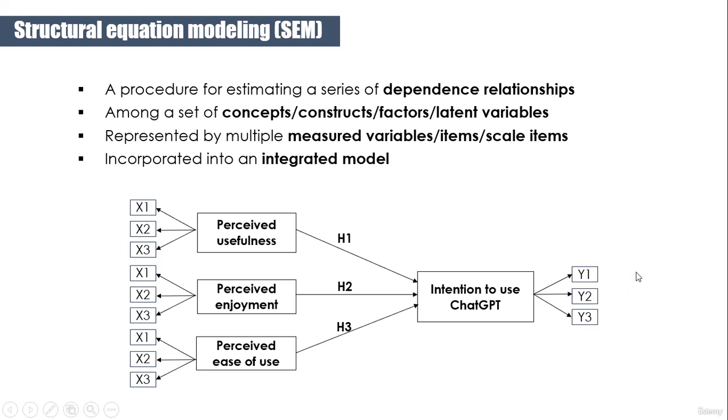These items will represent the latent variable, because we cannot measure intention directly by asking one question. That's why we ask multiple questions, in order to confirm that our variable is properly measured and incorporated into an integrated model. You can see that in a single model we have incorporated everything. So the definition of structural equation modeling, I have described with this particular model. Thank you, all of you.